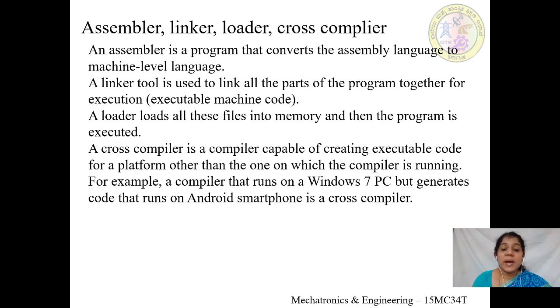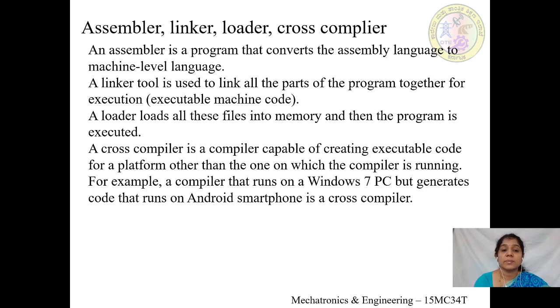A cross compiler is a compiler capable of creating executable code for a platform other than the one on which the compiler is running. For example, a compiler that runs on a Windows 7 PC but generates code that runs on an Android smartphone is a cross compiler.